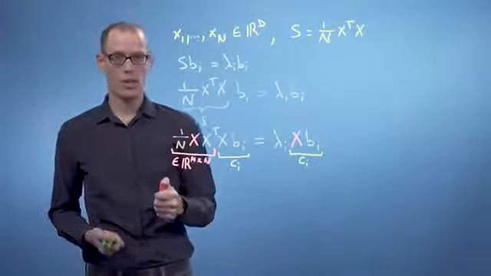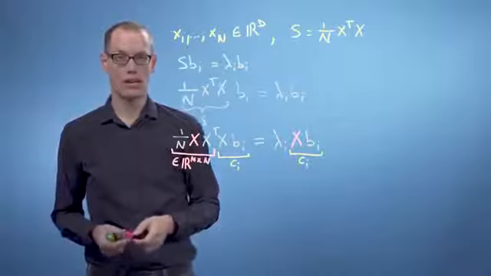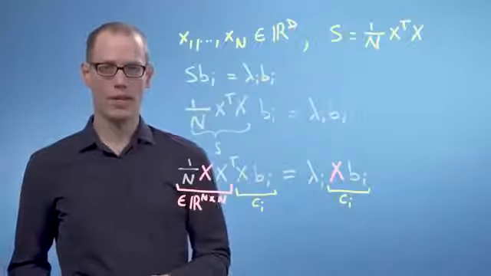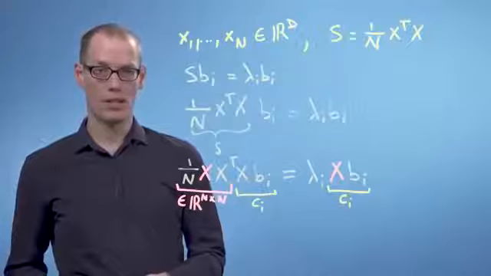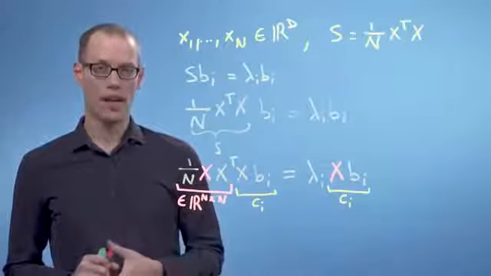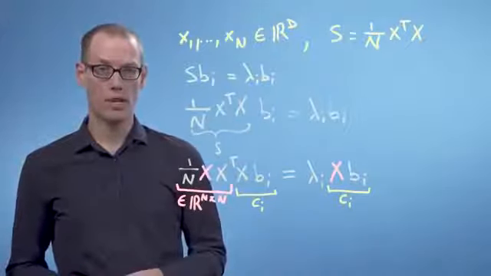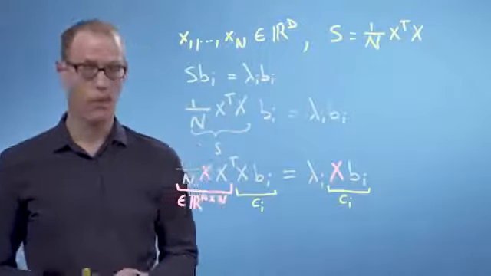And we use this to recover the original eigenvectors, which we still need to do PCA. Currently, we know the eigenvectors of 1 over n times X X transpose. And we want to recover the eigenvectors of S. If we left multiply our eigenvalue-eigenvector equation with X transpose, we get the following.